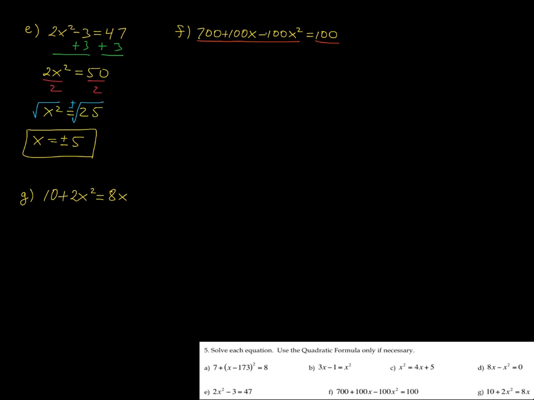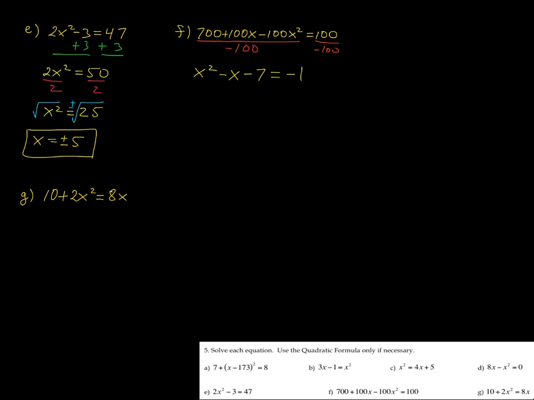I could divide by 100, but the nice thing about dividing by negative 100 is that that's going to give me a positive coefficient for x squared. So doing this will give us positive x squared. Then here I'm going to get minus 1x, so just minus x. And then here I have minus 7. And then on the right, I'm dividing by negative 100, and that's giving us negative 1. Okay, that's a heck of a lot simpler.